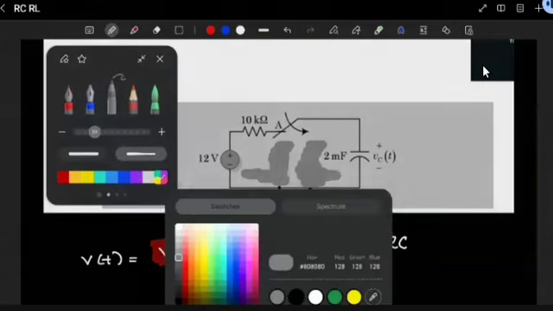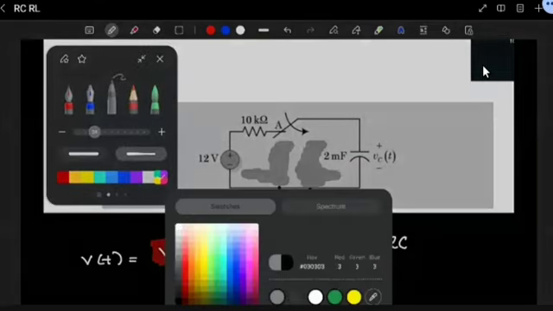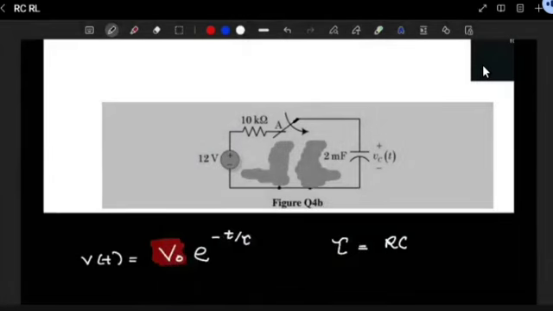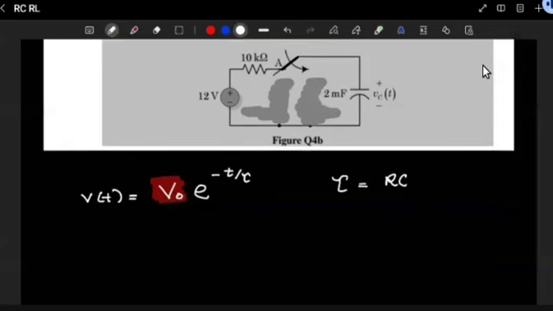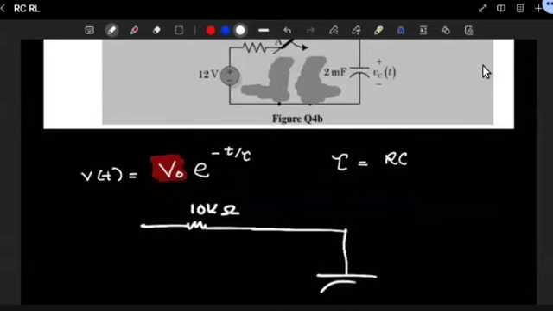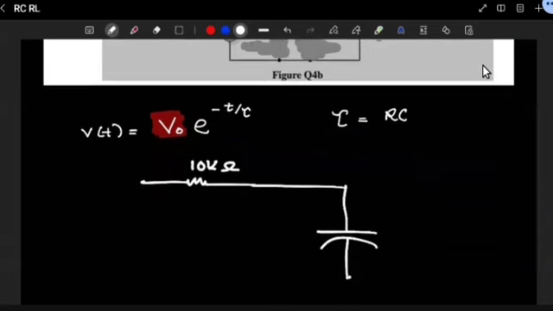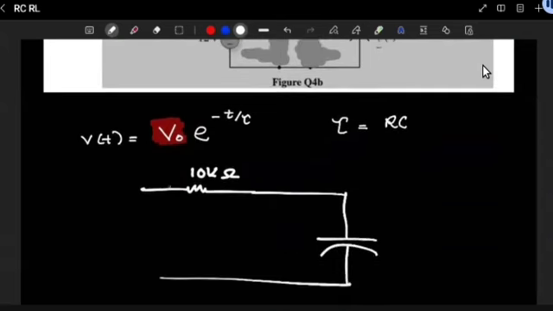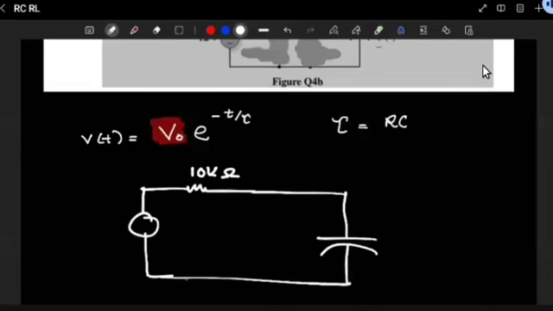So if our circuit only has those elements, it comes straight to this point, nothing else. What are we looking at? The circuit is basically just the 10 kilo ohm resistor. And then here we have the capacitor. And then finally, we have the voltage source.